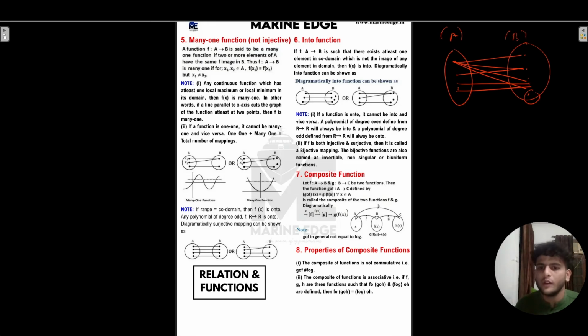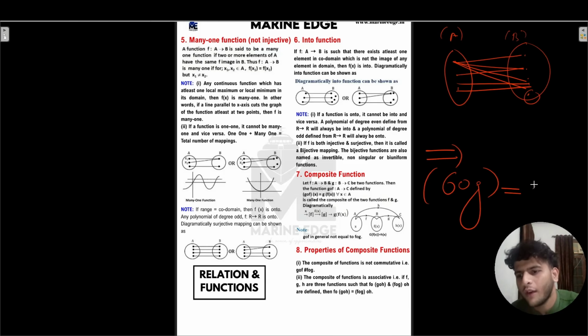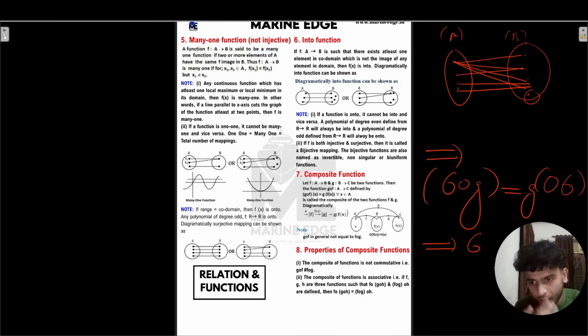So we'll now move towards the composite function. I think everybody must have studied f of g and g of f. Let us take an example of f of x as x square and g of x as sine x.